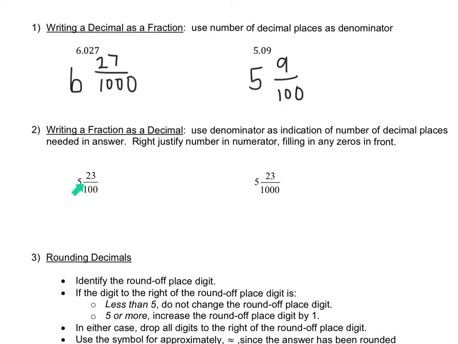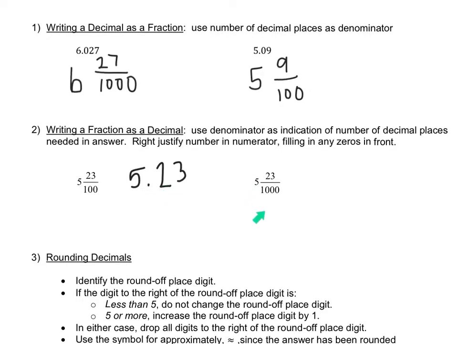So now we are going to reverse it. We are going to start with the fraction and write it as a decimal. 5 is our whole number part, and then 23 out of 100. So 100 means we have 2 decimal places. So here we have 5.23.